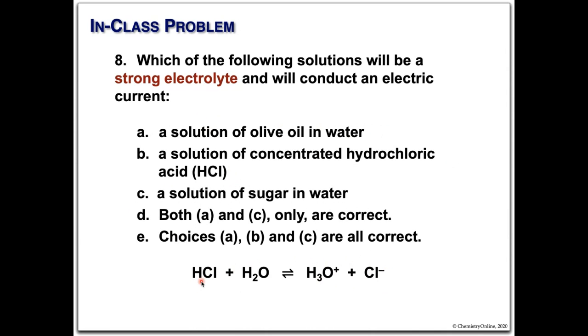There's virtually no undissociated HCl left, just ions. I think by definition, that makes it a strong electrolyte. Sugar and water, well, this dissolves, but it doesn't form ions. Any questions?